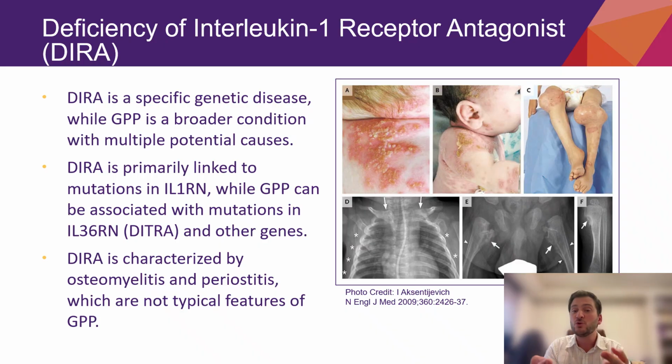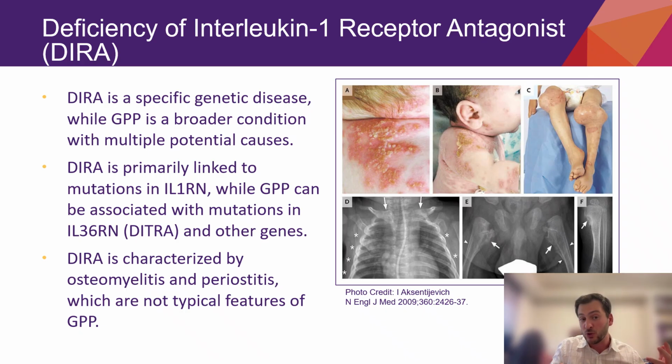But you can also have a monogenic GPP, but in this case, the mutations are loss-of-function mutations of the antagonist of the receptor of IL-36. In DIRA, the mutations are loss-of-function mutations of the antagonist of the receptor of IL-1.